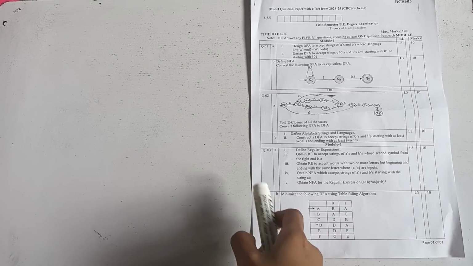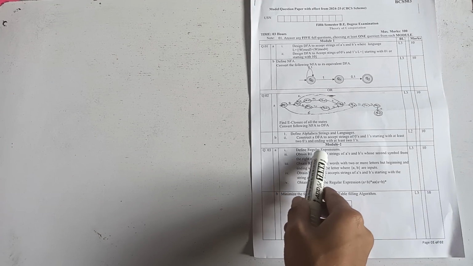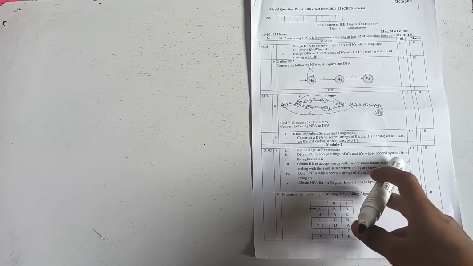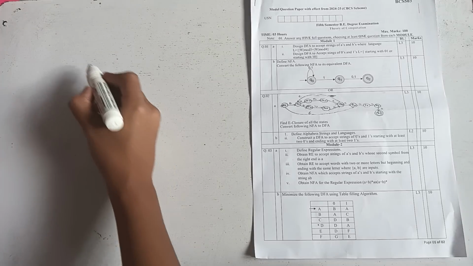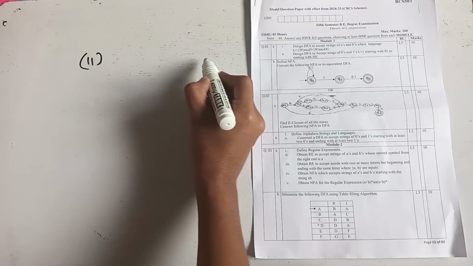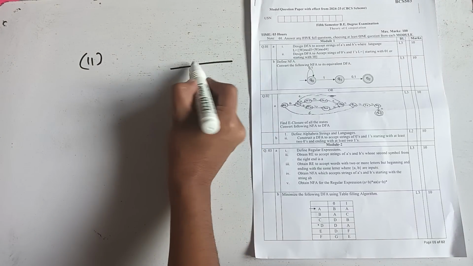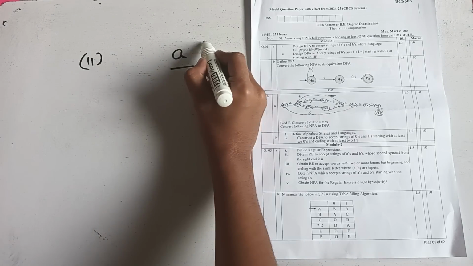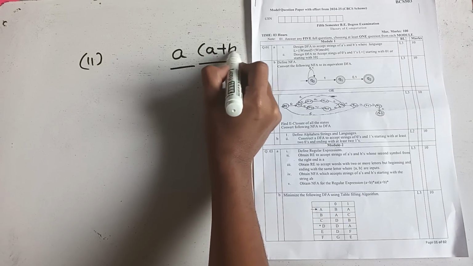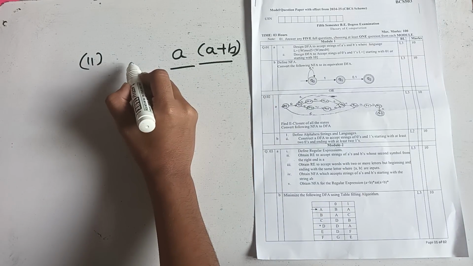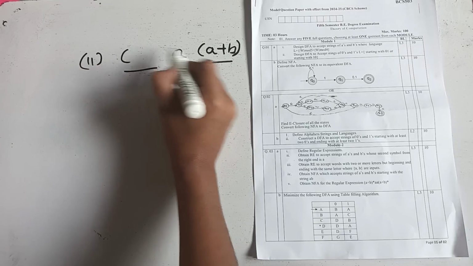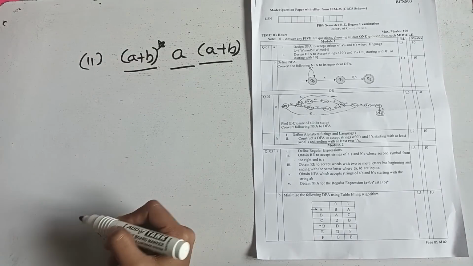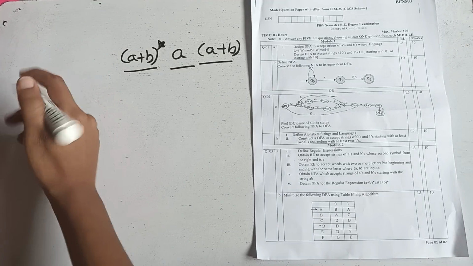So next is the 3a1, define a regular expression, refer notes, strings of A's and B's whose second symbol from the right end is A. Okay, so this is the first, second symbol is A, and in the first symbol A or B. And here any number of A's and B's can be.